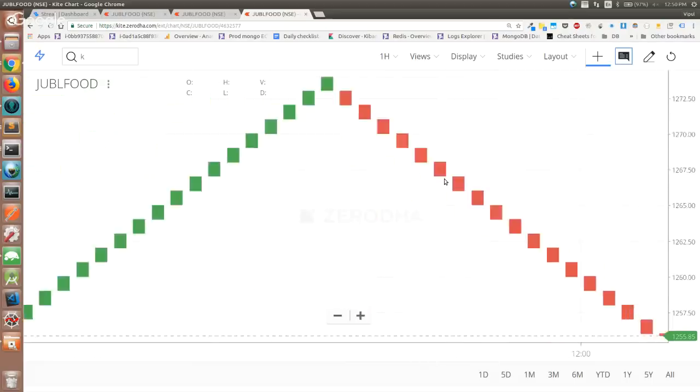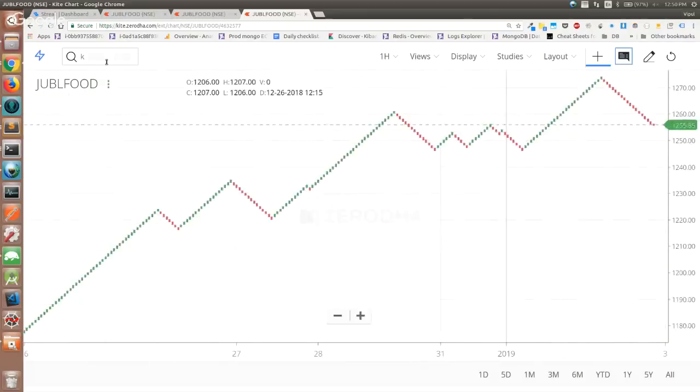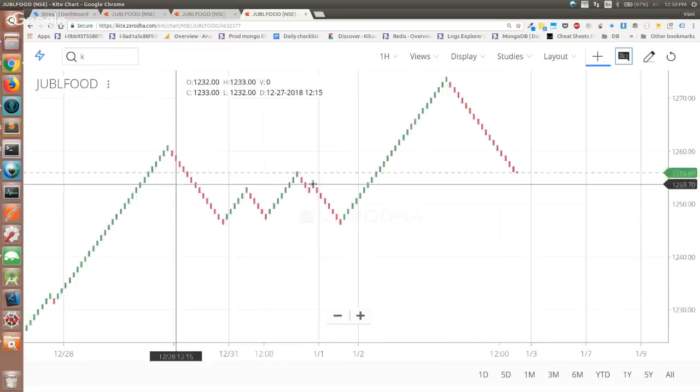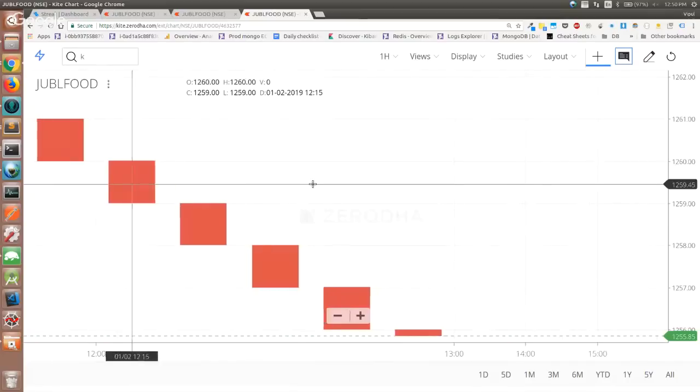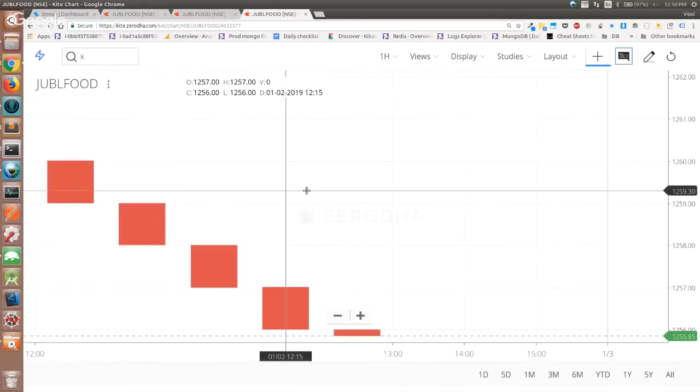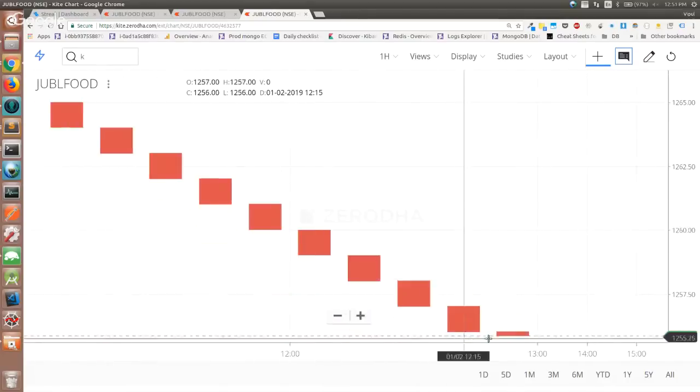Okay, so if I have to show another chart, again for those people who have missed. When the Renko is being formed, let's say this Renko brick formed 1 hour back.